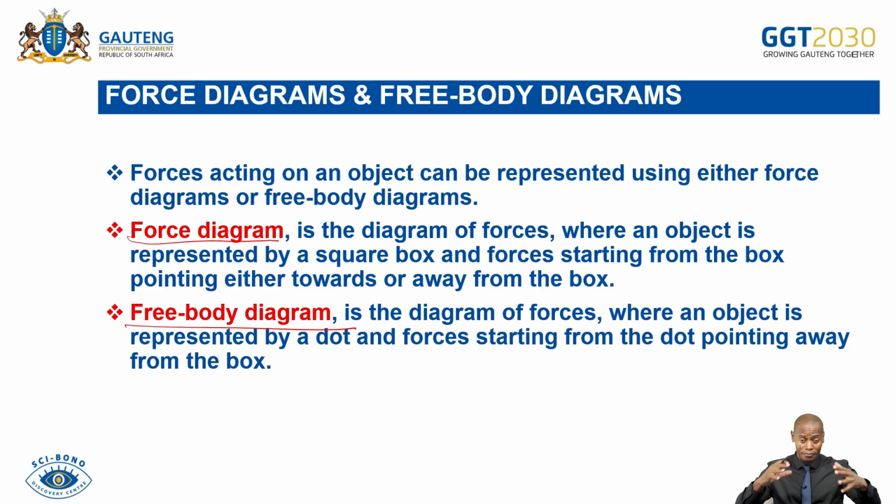The forces must start from the box, or they must be in contact with what? With the box. Very, very important. Even with free body diagrams, those forces must be in contact with what? With the dot. It's just that those forces must point away from what? From the dot. So that is the difference, learners, between force diagrams and free body diagrams.